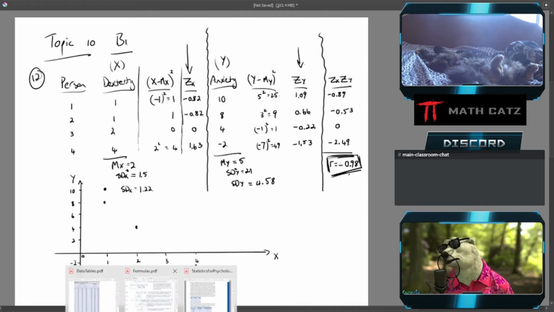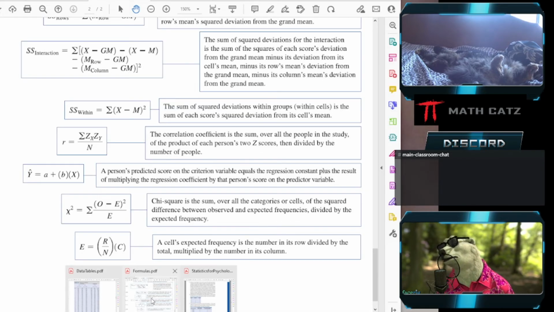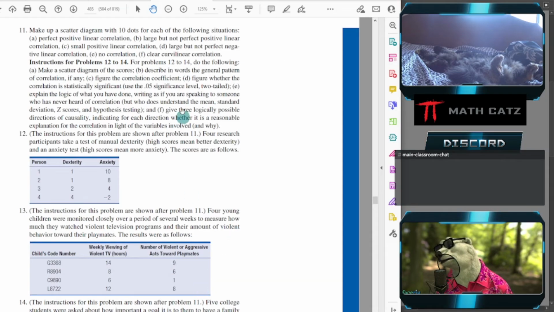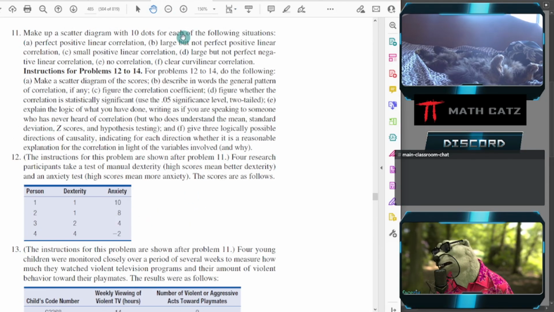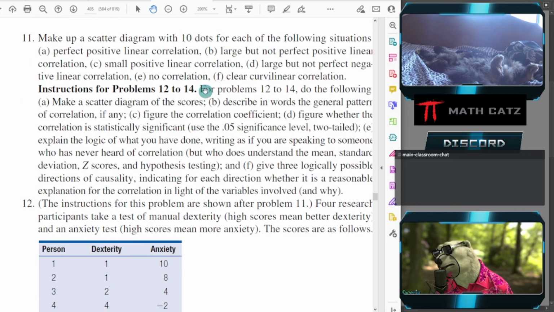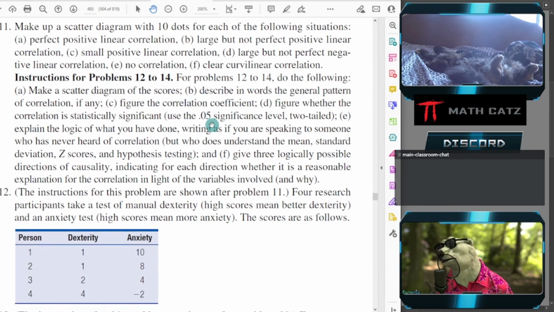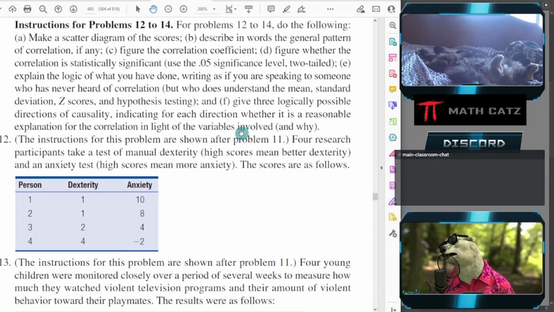So now let's go back to the question. Zoom in a little bit. A little more. There we go. So now I have to remember that that correlation coefficient is for my sample.